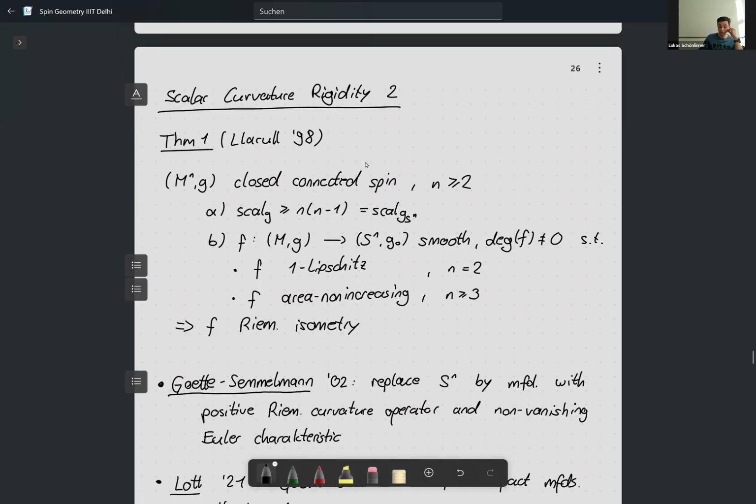In dimension 4, there was a paper very recently, I think last year, that showed that the result is also true in dimension 4 without spin. But from dimension 5 upward, it's still an open question. They use minimal hypersurfaces, and this method is restricted to low dimensions. So that's still open.